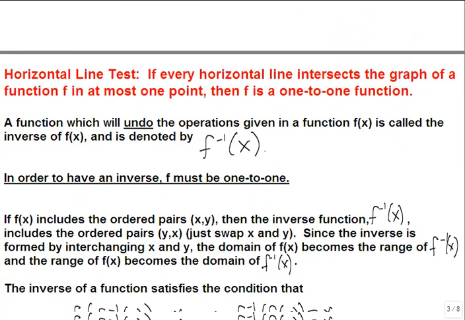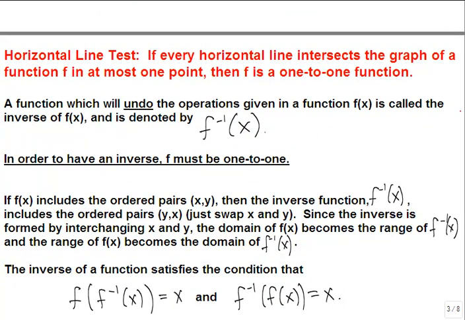So here's what the horizontal line test says. It says that if every horizontal line intersects your graph in at most one point, then it is a one-to-one function. And that implies that if it intersects in more than one point, then you do not have a one-to-one function. So it's a nice, easy visual test to use to see if something is one-to-one or not.